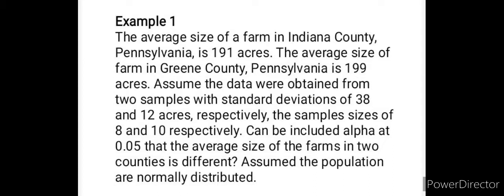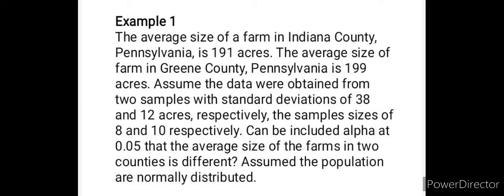Now, let's have an example. The average size of a farm in Indiana County, Pennsylvania is 191 acres. The average size of a farm in Greene County, Pennsylvania is 199 acres.